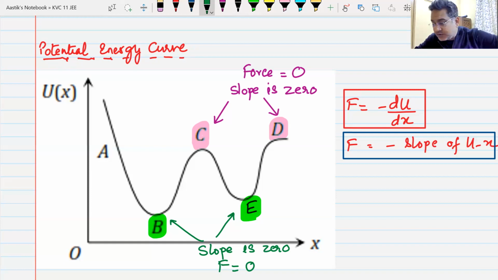Force zero means what? Work done is zero. The body is in equilibrium.